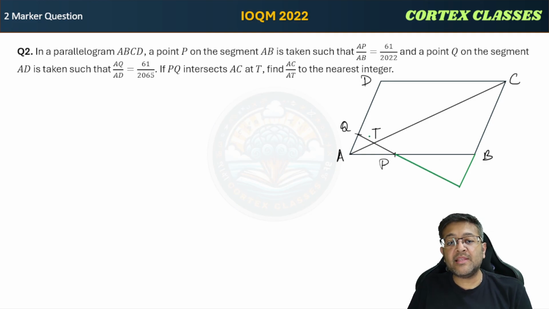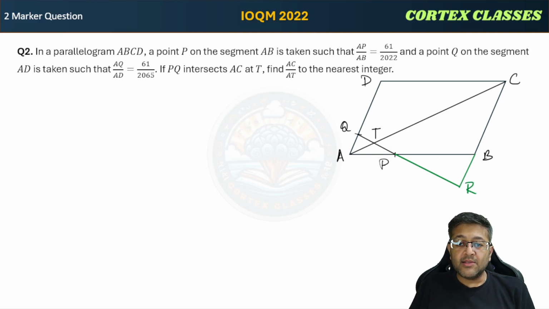So basically, extend PQ and BC to intersect at, name it as R. Take this point as R.